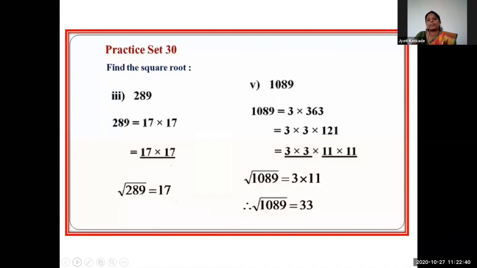Yes, a raised to m into a raised to n is equal to a raised to m plus n. Very good. We have to take addition of the powers.